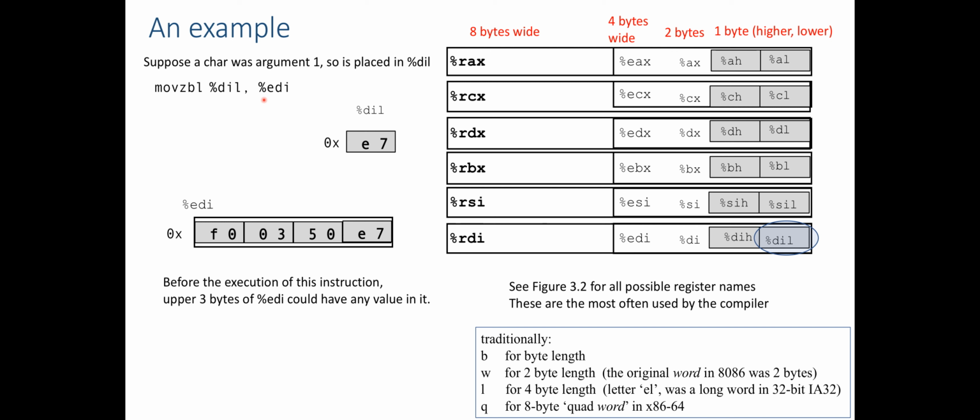Let's look at exactly what happens for this. The E7 will go right here. And then the rest of EDI, because it could have had something else in it, is going to get zeroed out like this.